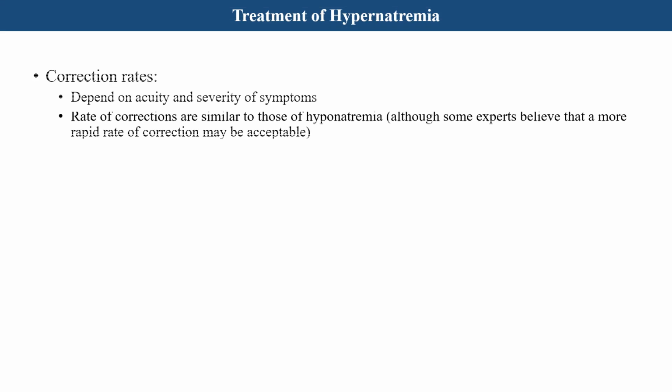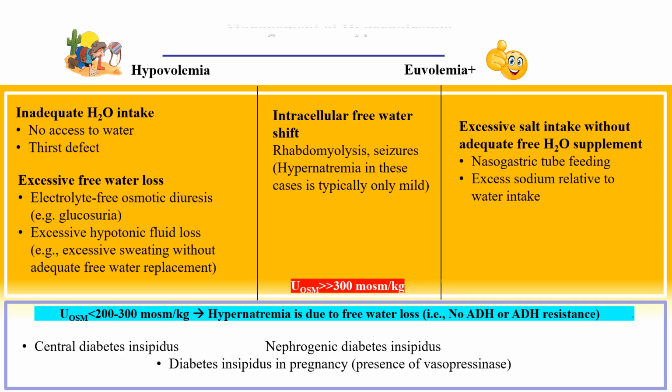How do we treat hypernatremia? Correction rates for hypernatremia are dependent on the acuity and severity of symptoms and are similar to those used for the treatment of hyponatremia to minimize rapid changes in brain cell volume. Similar to the management of hyponatremia, the underlying etiology of hypernatremia needs to be treated whenever applicable.